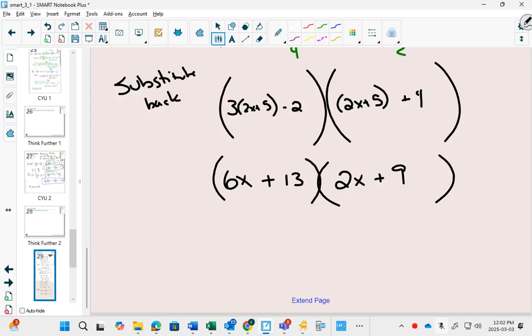If you used method 2 and multiplied everything out and combined all your like terms, I'll just multiply this out, 12x squared, my outside is 54 and 26, and 13 times 9, you would have gotten this.